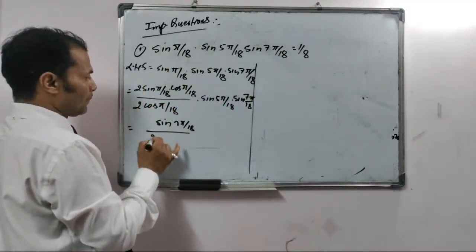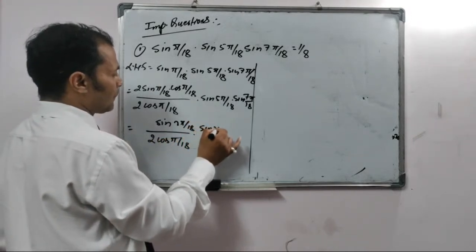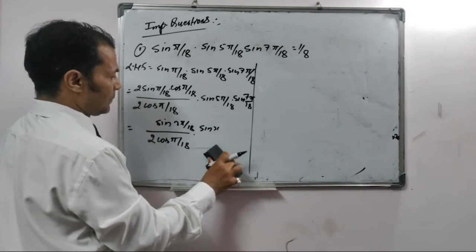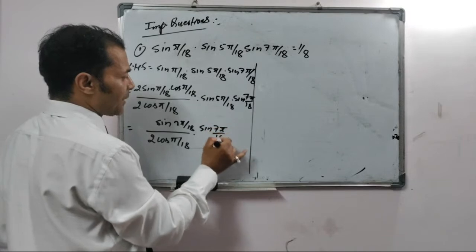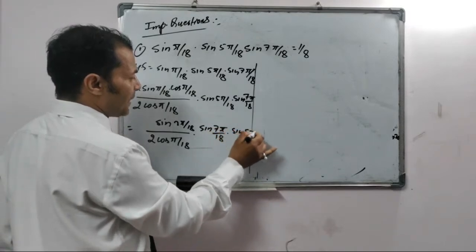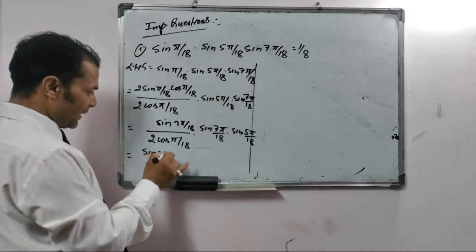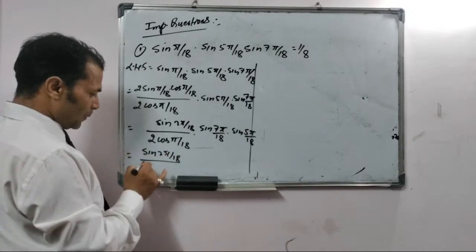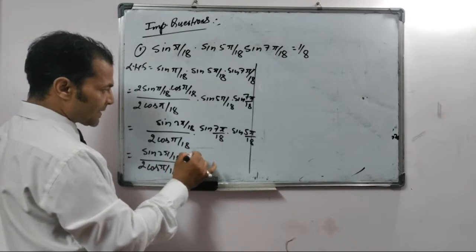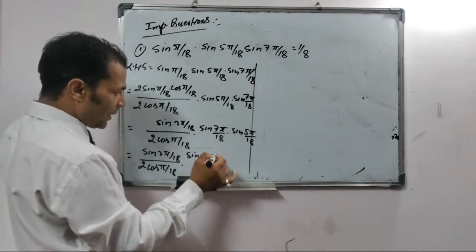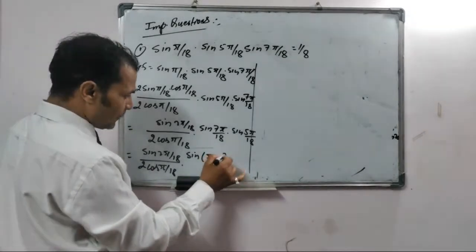Okay, look here. Sin 2 pi by 18 upon 2 cos pi by 18 into sin 5 pi by 18. What I'm doing is I'm keeping sin 7 pi by 18 together, and sin 5 pi by 18 लाई यहाँ राख्दै मैले. Now what happens? Sin 2 pi by 18 upon 2 cos pi by 18, and here just try to understand, sin of pi by 2 plus pi by 2 minus 2 pi by 18.